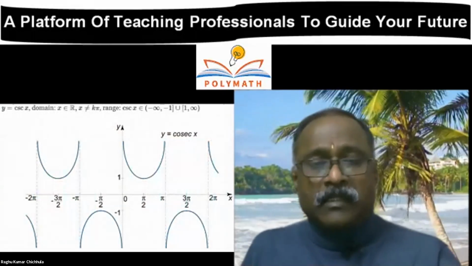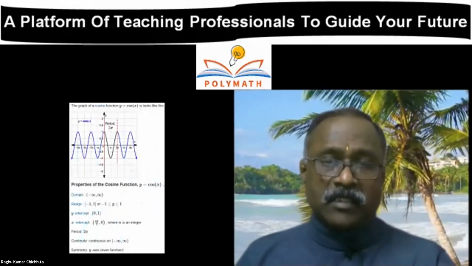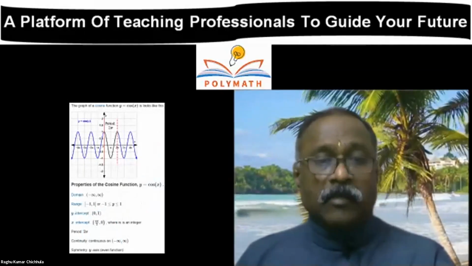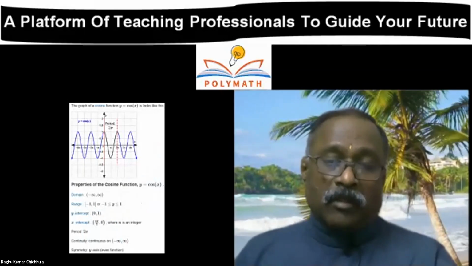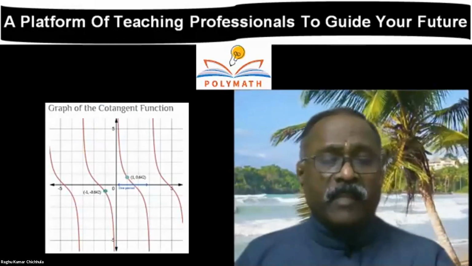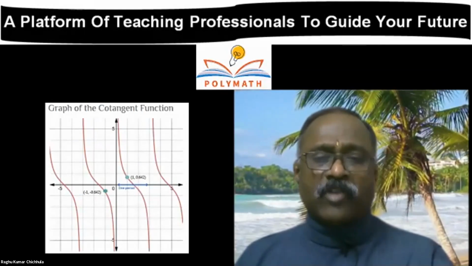But before that, let us understand the graphs of trigonometric functions, which is a very, very important part, particularly for objective questions. Understanding the graph of any function is very important because it gives you the entire structure of the function.